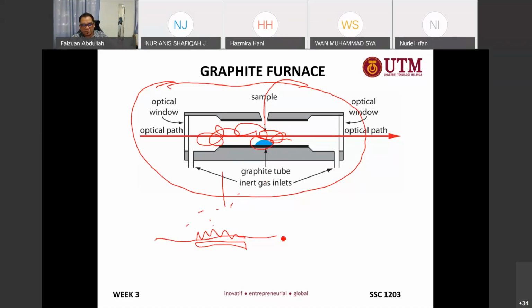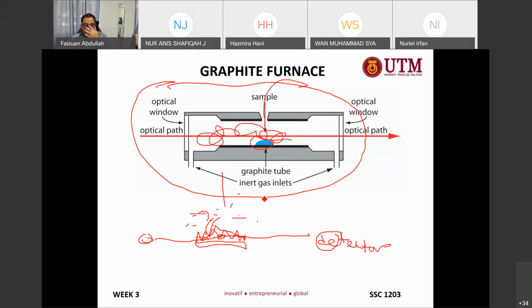If you have the light source here and the detector here, the atomized element easily goes out from the flame. It will not have enough time to absorb the energy from the light source, so the detector will not detect perfectly how much of the element is inside, because it evaporates outside the flame.